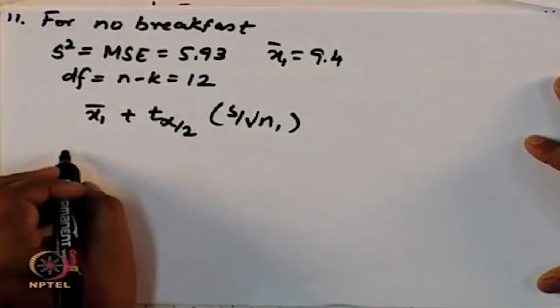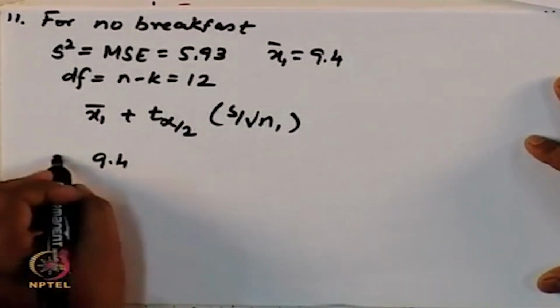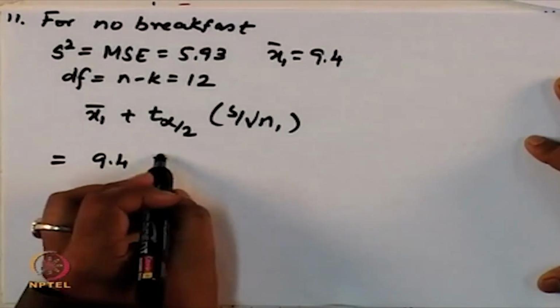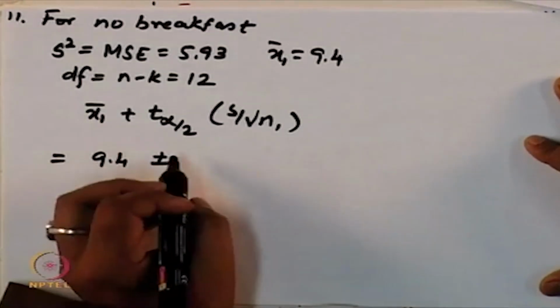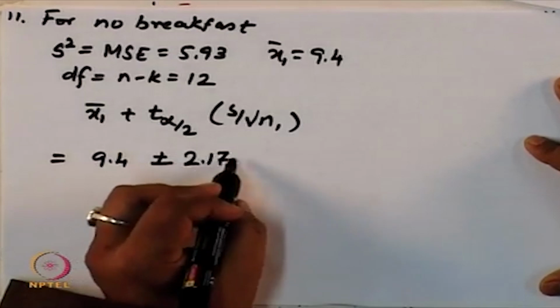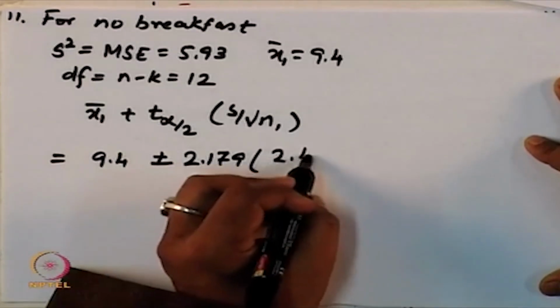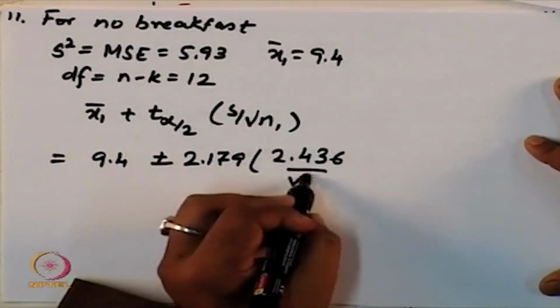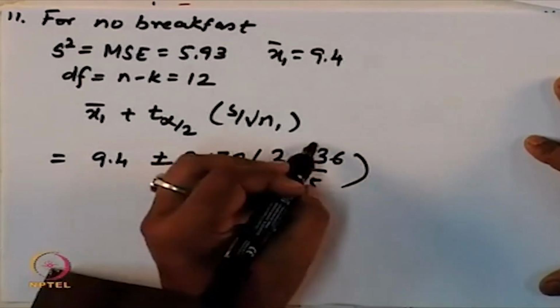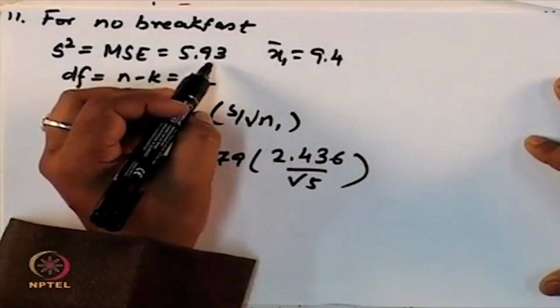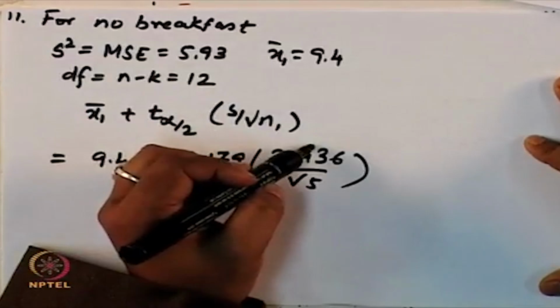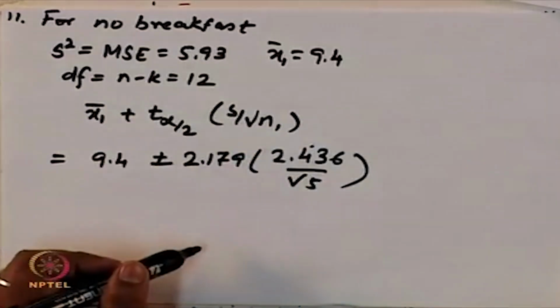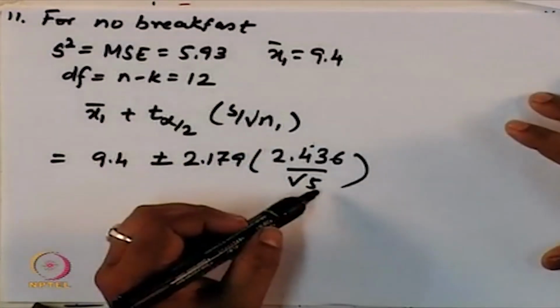So, this comes out to be 9.4 plus minus 2.179 into 2.436 by root of 5. So, this is square root of 5.93. This is s square, so you can compute the value of s as root of this value, and n1 was equal to 5.